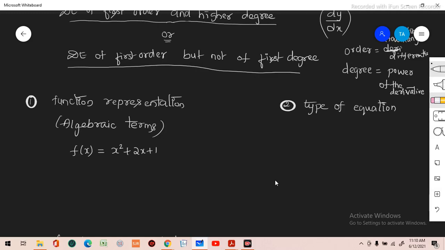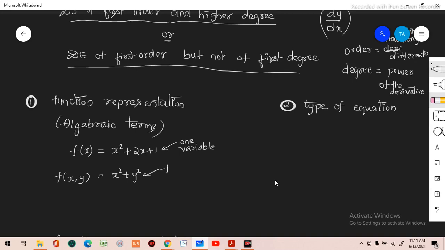Now see here, suppose I have x square plus y square, how should I represent the function now? I should represent it by f of x comma y, because here I have how many variables?